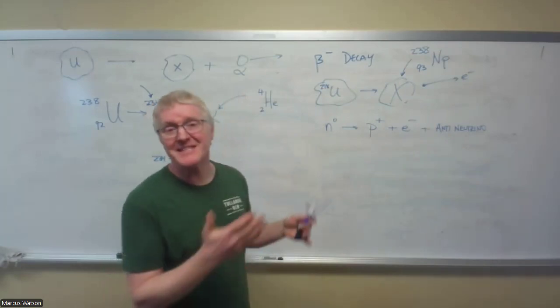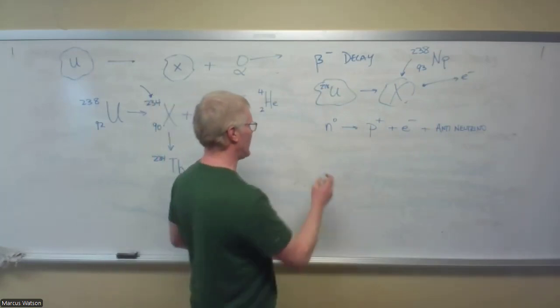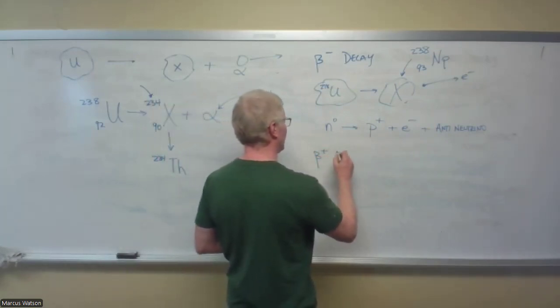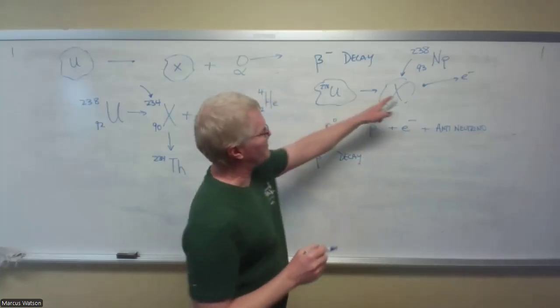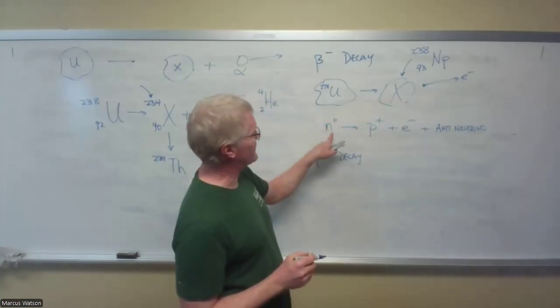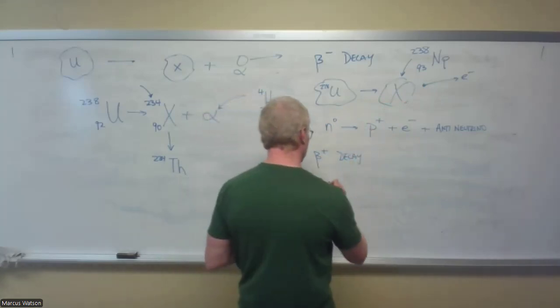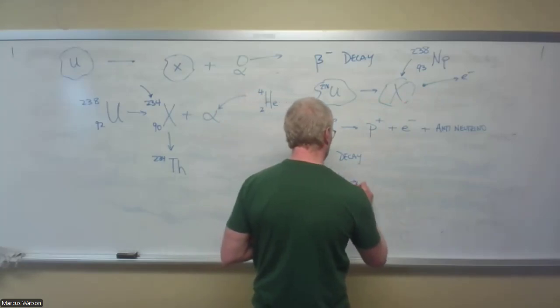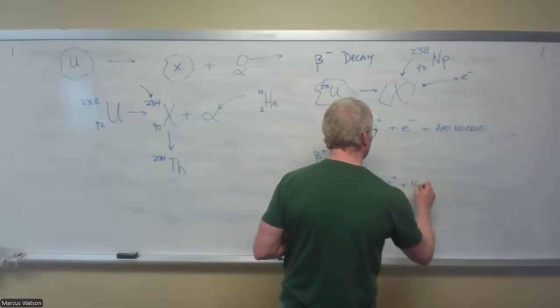Beta positive decay is the exact same thing, run in reverse. Beta positive decay is the situation in which the positron is ejected, and instead of a neutron becoming a proton, it's a proton becoming a neutron. This is what I was meaning to say in the first place. Proton becoming a neutron plus a positron plus a neutrino.